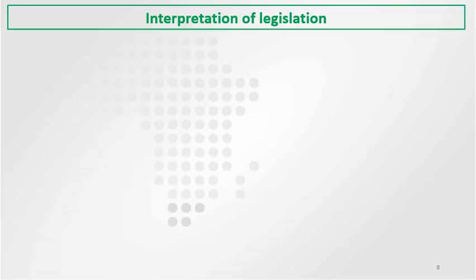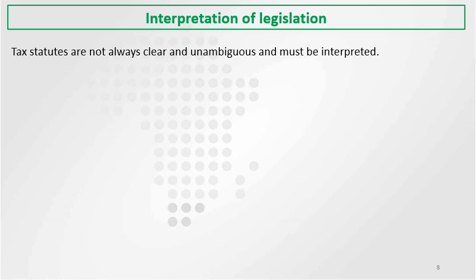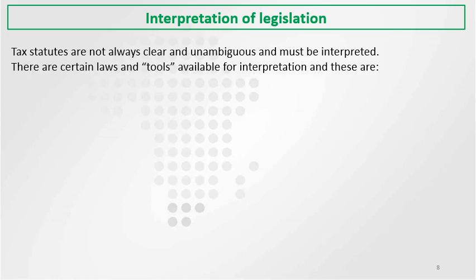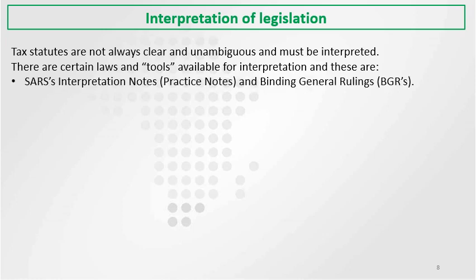Right, now we come to the interpretation of legislation. Tax statutes are not always clear and unambiguous, and must consequently be interpreted. There are certain laws and tools available for the interpretation of the acts.